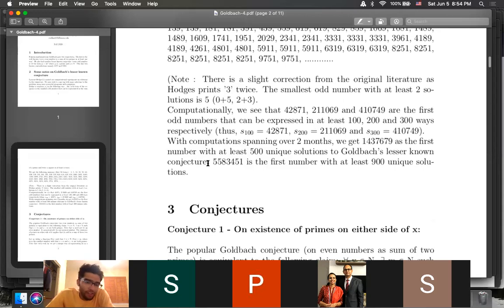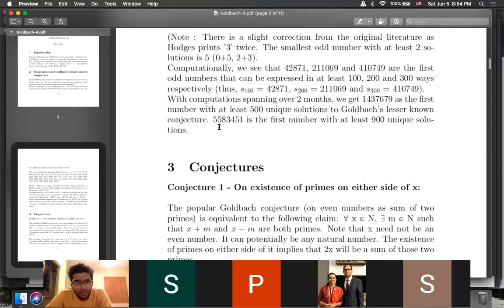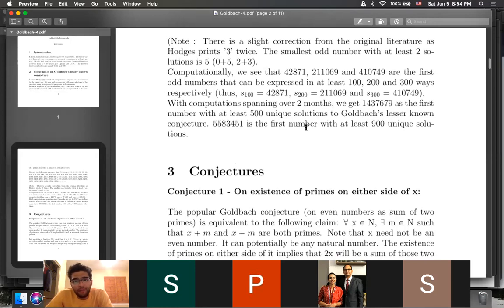So running this code for some time, and then I get this number which has 900 unique solutions. Look at this. 5,583,451. Now, the first thing that struck me with this discovery is that this number is really small. It's tiny. 5 million is a very small number. And if this number has 900 unique solutions, this conjecture probably has a very high chance of holding true forever.